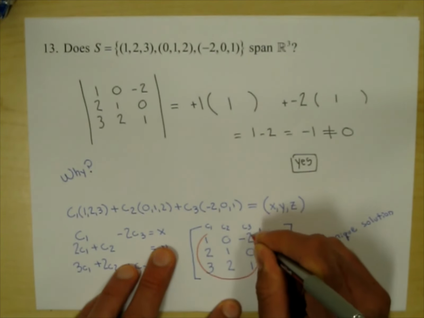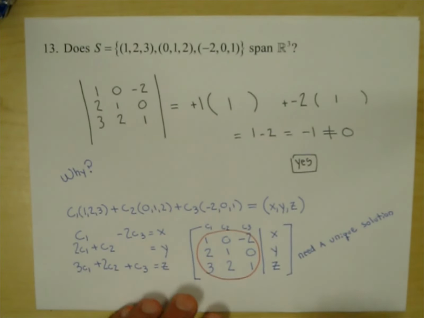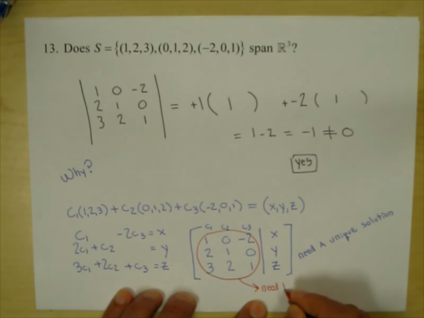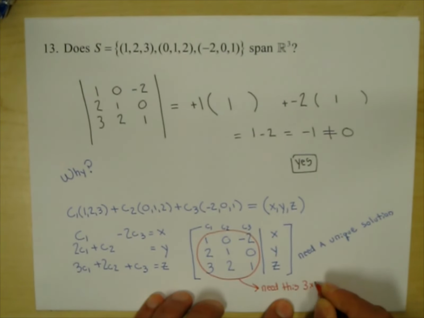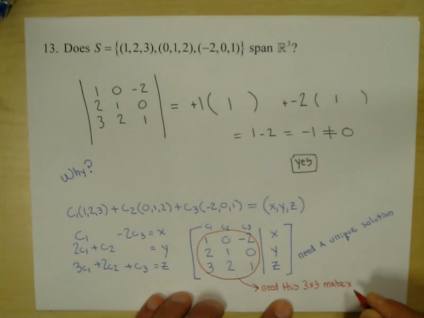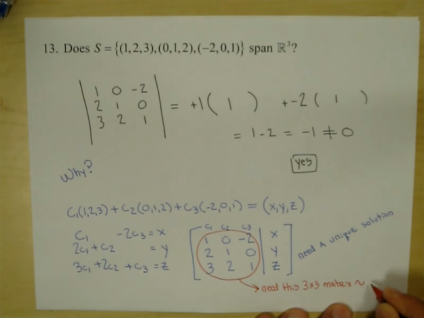We don't want to do our problems like this in the homework unless you're really a math fanatic. Another way of saying we need a unique solution is we need this 3 by 3 matrix, the one that I circled, to be row equivalent to I3. Now why is that the case?